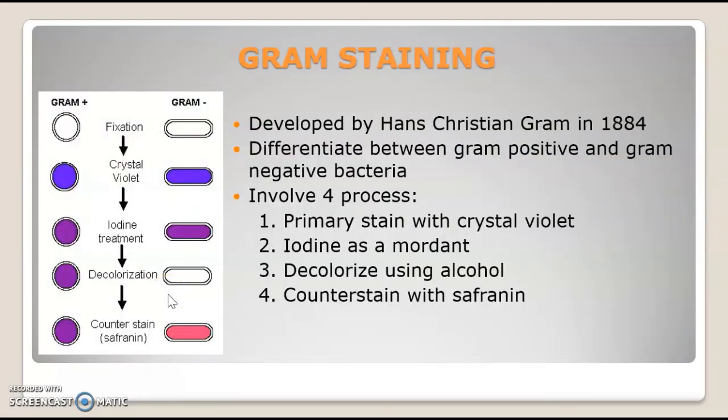And the last part that we're going to discuss verbally in this chapter is gram staining. Gram staining was developed by Hans Christian Gram in 1884. This procedure, which involves primarily 4 steps, enables us to differentiate between gram-positive and gram-negative bacteria.